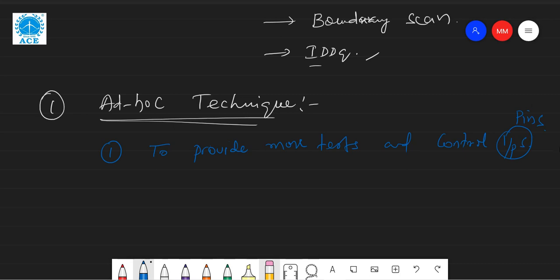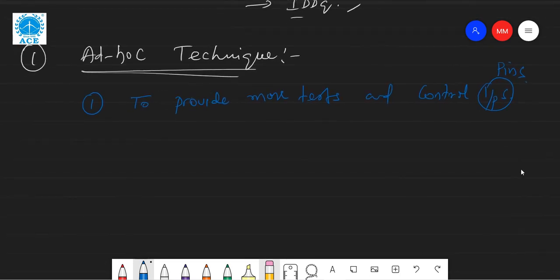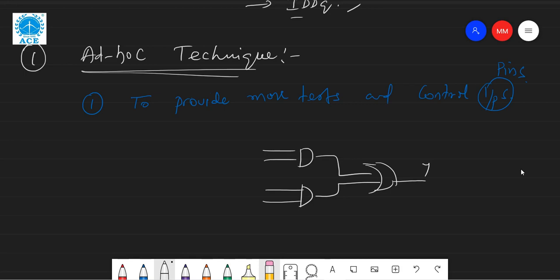For example, suppose this is my AND gate, this is another AND gate, and they are connected with an OR gate. This is output Y, and A, B, C, D are the inputs which we need to test.